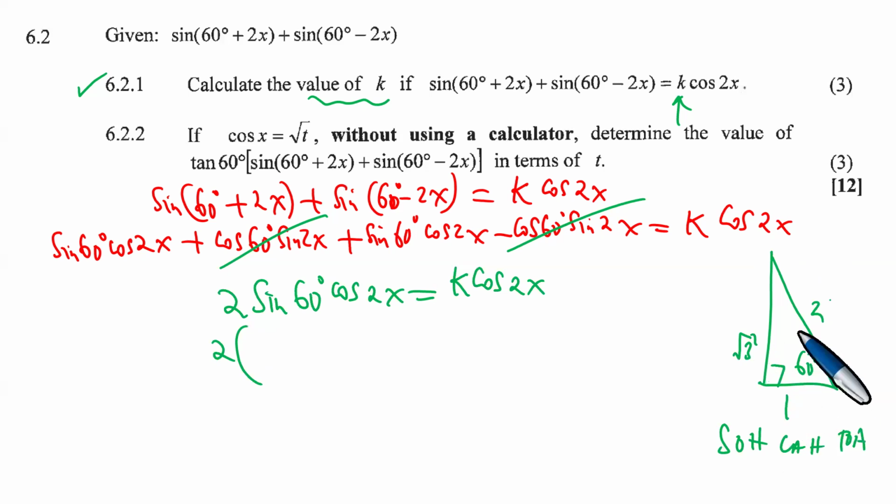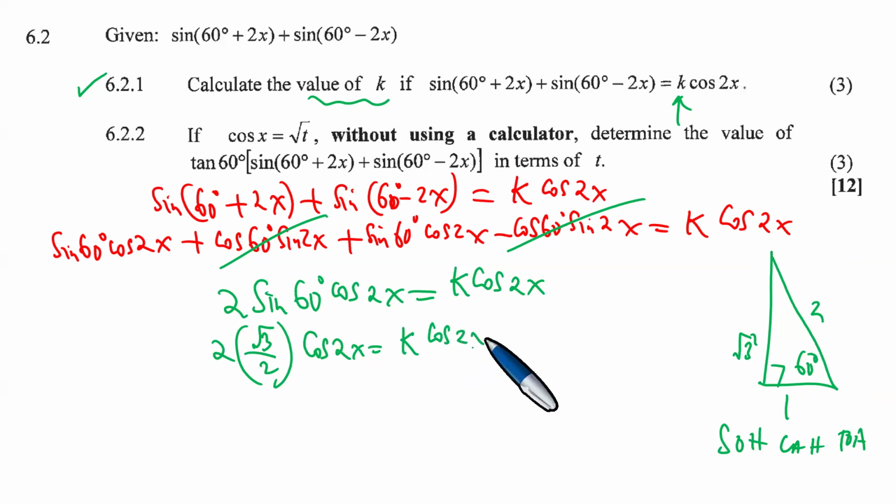So the square root of 3 out of 2 cosine 2x, times 2, equals k cosine 2x. What do we do next?